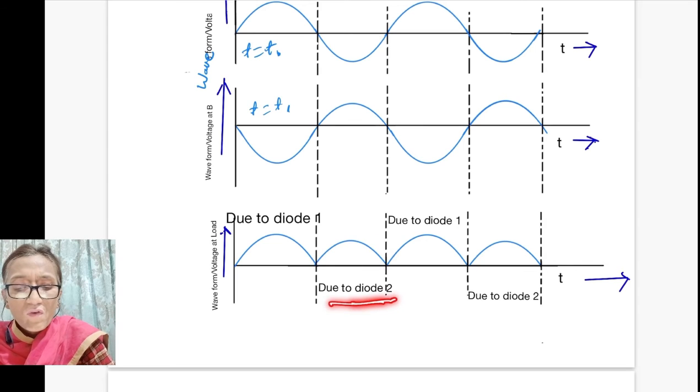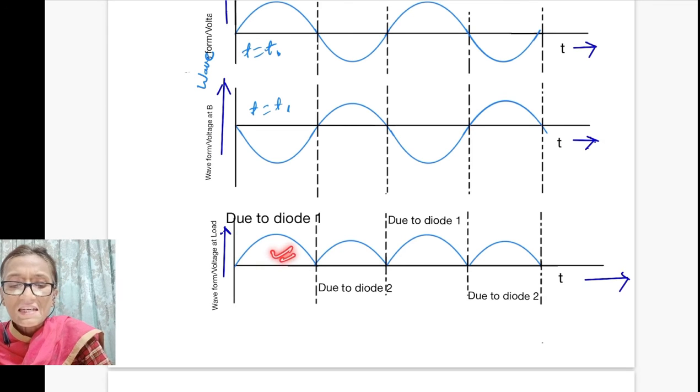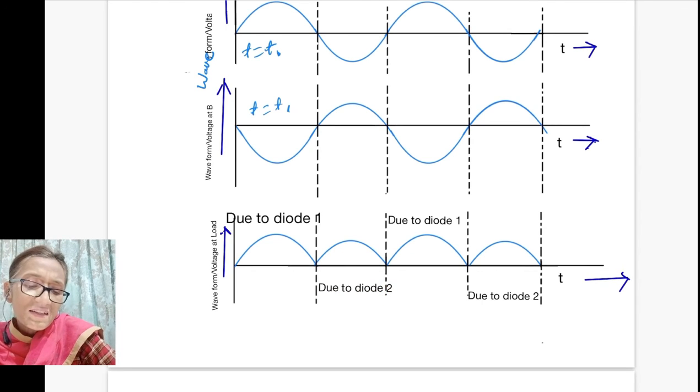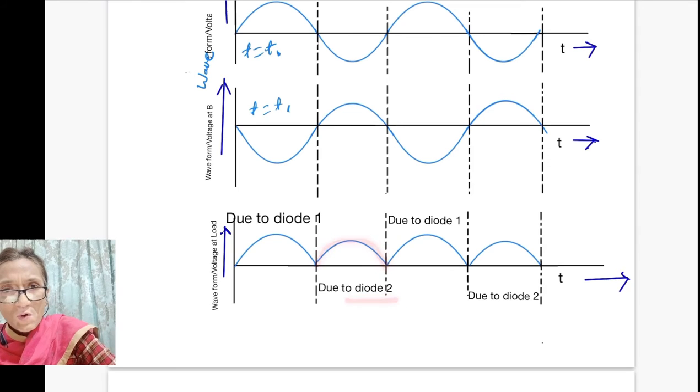So for the first half time period, current in the load resistance is due to diode 1. In the second half of the time period, this is your waveform of load. You may say voltage or you may say current. So voltage or current in the load resistance is due to the second diode.